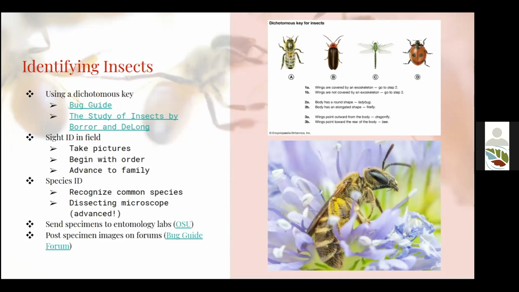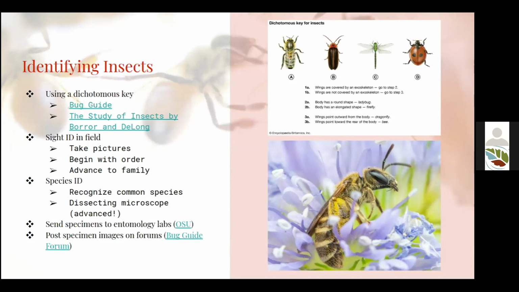And then you can advance to family as you become more and more confident. So if you know that you're seeing a bumblebee, then that would be easier to identify to family, and even a genus. You have Bombus, and that can be pretty rewarding.